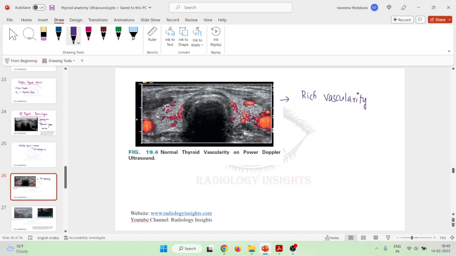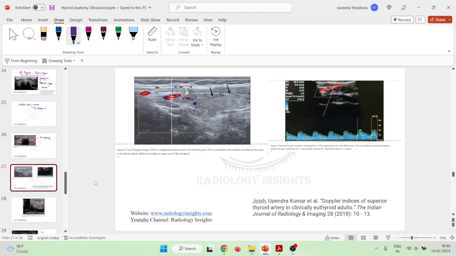So you can see the color uptake in power flow or high power Doppler. We have the superior thyroid artery, inferior thyroid artery, superior thyroid vein and inferior thyroid vein. These are the blood vessels surrounding the thyroid gland.